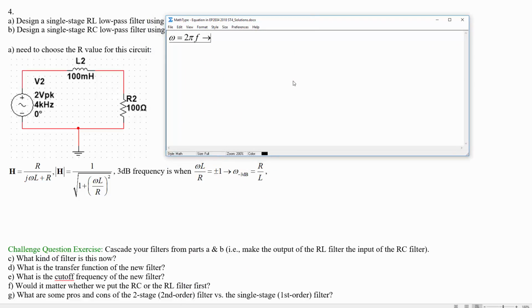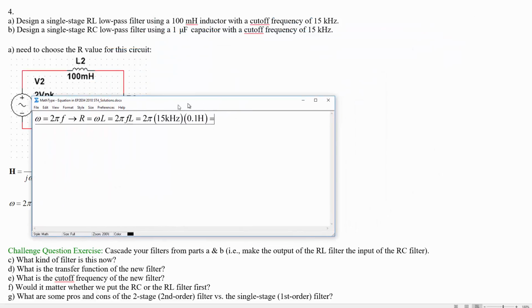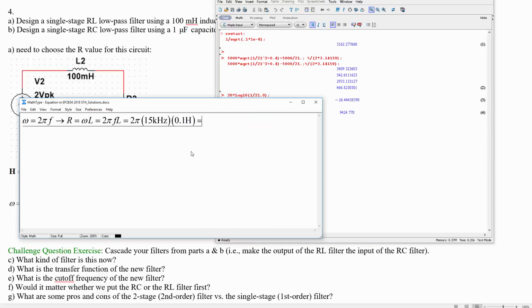So R is equal to omega L, which equals 2 pi f times L. That would equal 2 pi times 15 kilohertz times 0.1 henries, which is 2 times 3.14159 times 15000 times 0.1. We'll get 9425 ohms. Okay, so there we go.